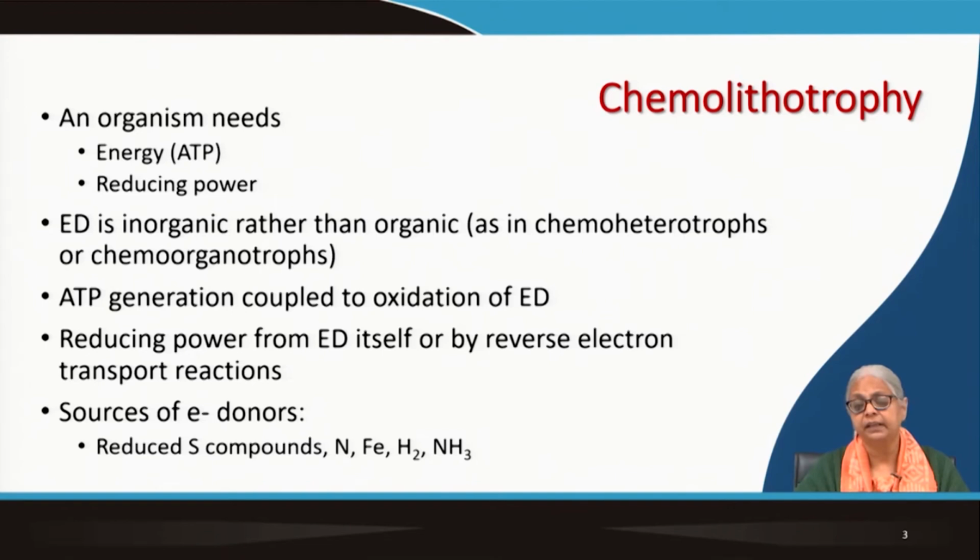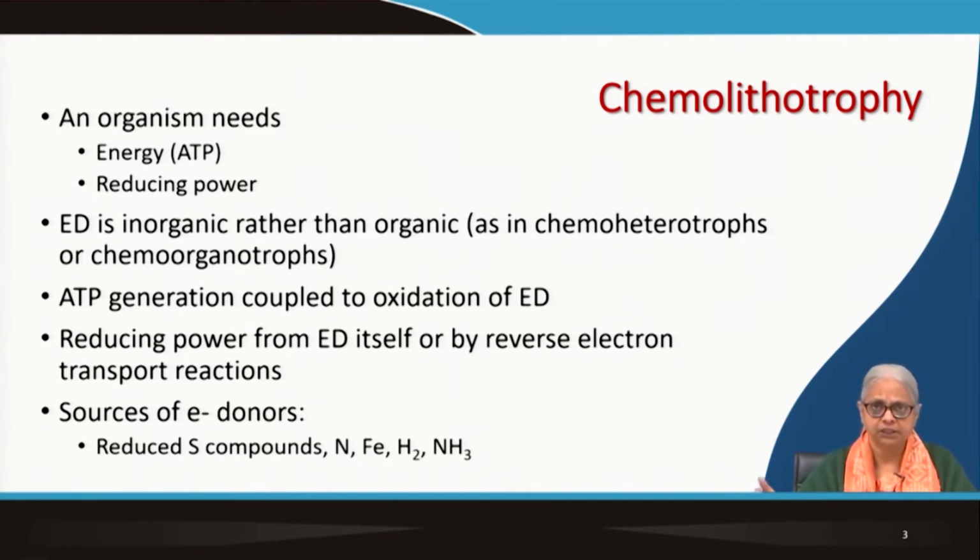It can be inorganic rather than organic. You can have organic chemoheterotrophs or chemoorganotrophs, or you can have chemoautotrophs as well. Then we have ATP generation, which is coupled to the oxidation of the electron donors.